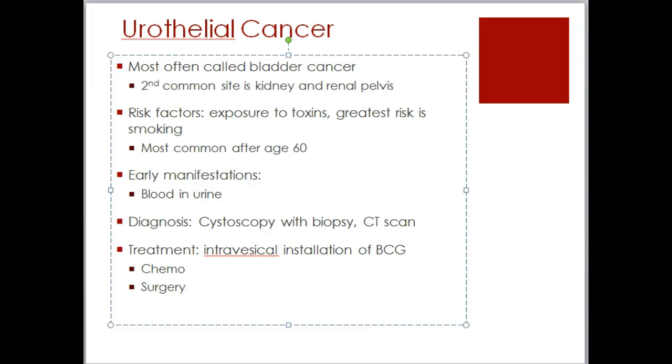One of the risk factors is exposure to toxins, and we're talking about some of the chemicals used by hairdressers, rubber, paint, electrical cable, the textile industry, so some of those types of chemicals. The greatest risk, however, is smoking.